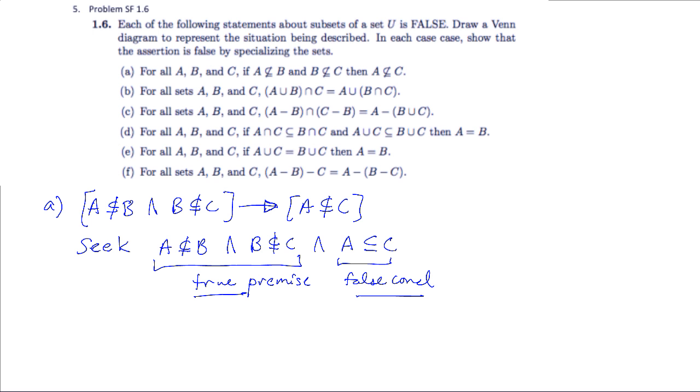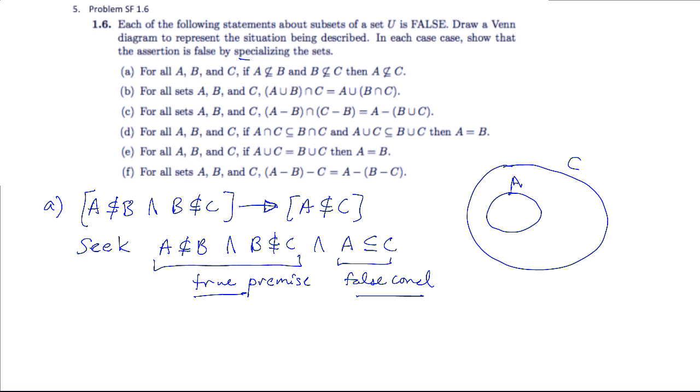So I want A to not be a subset of B, B is not a subset of C, but A is a subset of C. Why don't I start with that one? Let me draw C here and make A a subset of C. Okay, this is what they mean by specializing the sets.